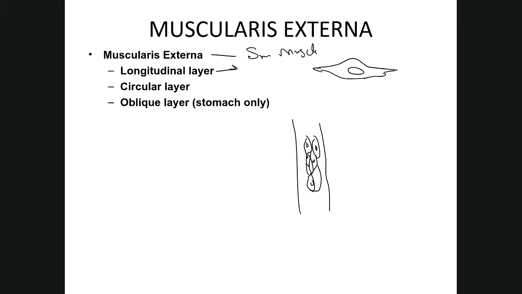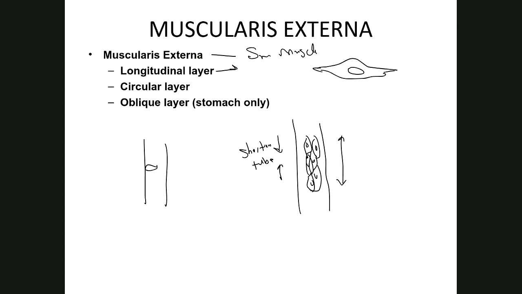And what's going to happen is if this muscle contracts, this is going to get shorter. So it's going to contract this way and get shorter. So it shortens the tube. But if you look at the circular layer, here's the direction these are oriented.